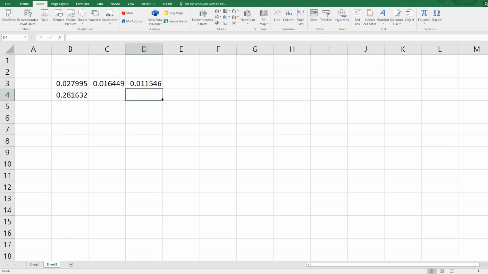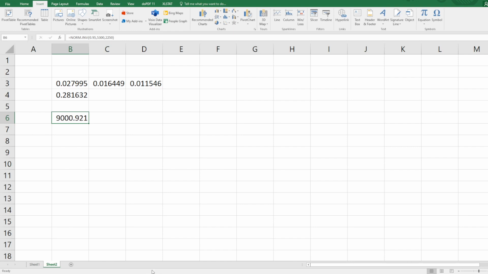I need to use the inverse function, norm.inverse. I'm interested in a probability of 0.95, my mean is the same as before, $5,300, and the standard deviation is the same, 2250. So it's roughly $9,000.